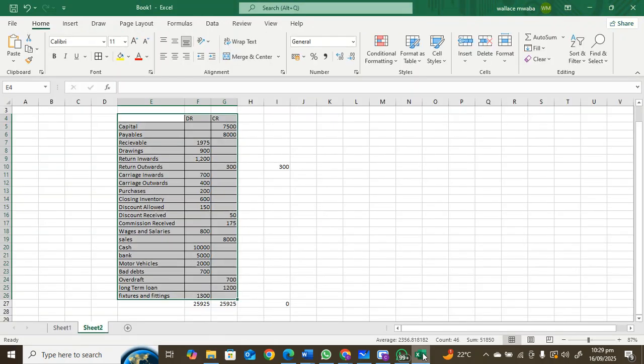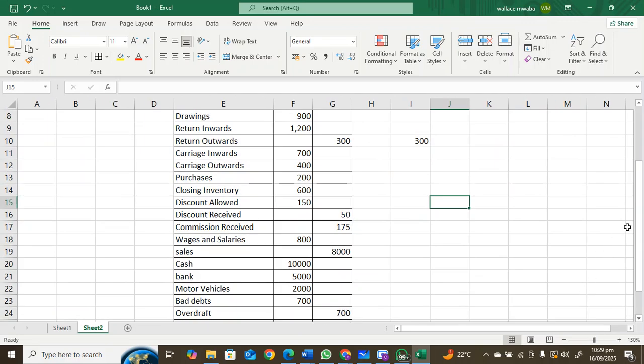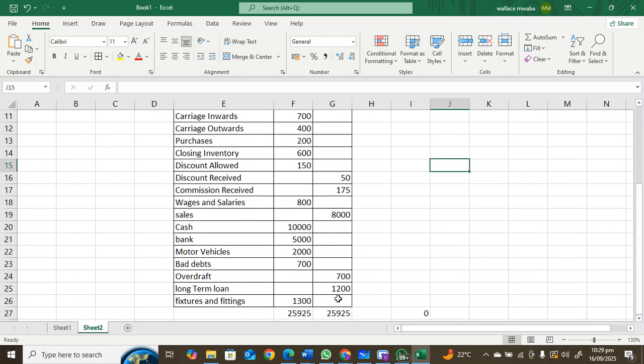And so once you have put everything where it needs to be, you need to total up the total debit side and total credit side.